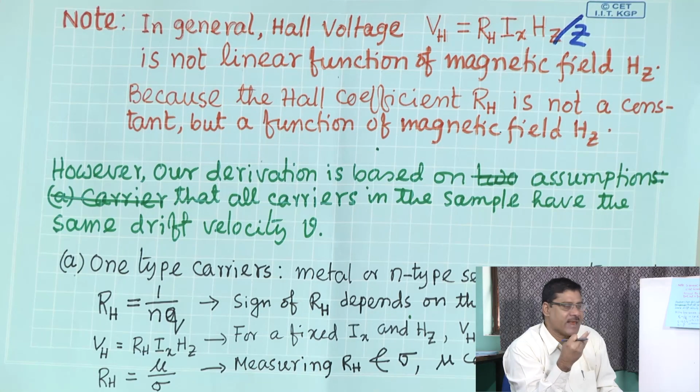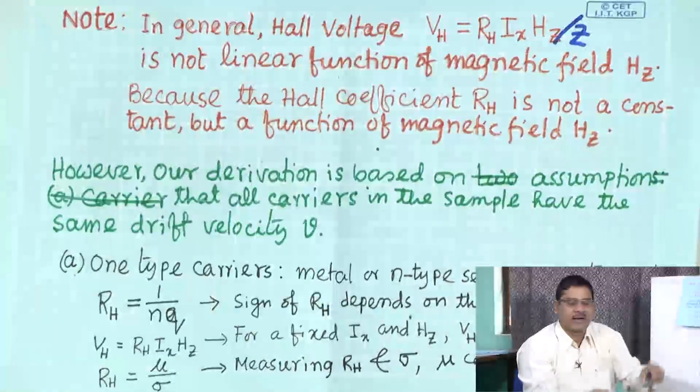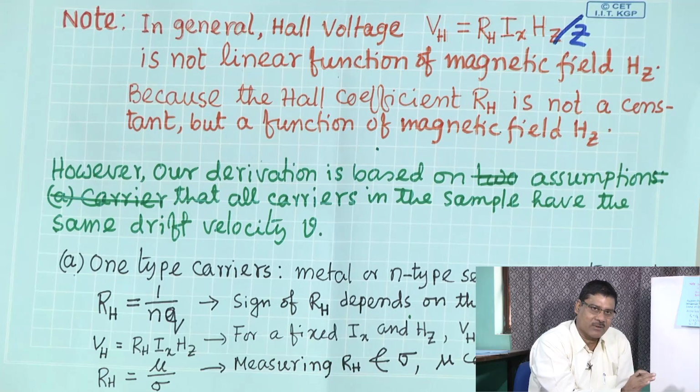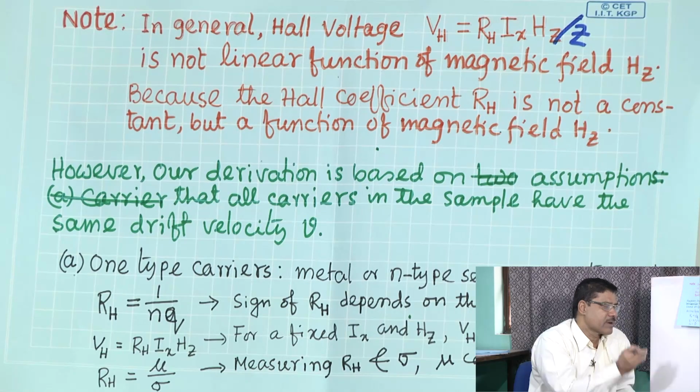That means RH will also change with the magnetic field, so you may not get a linear function. If it is not exactly linear, you should not be worried. You just take a particular point on the curve, find the slope there, and from that slope, for that magnetic field, you can find out the RH and the corresponding parameters.